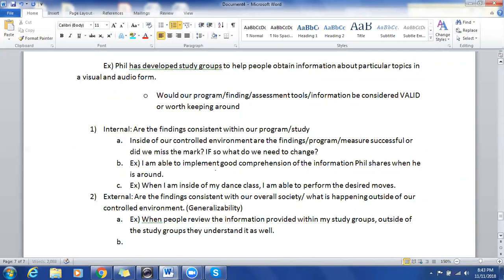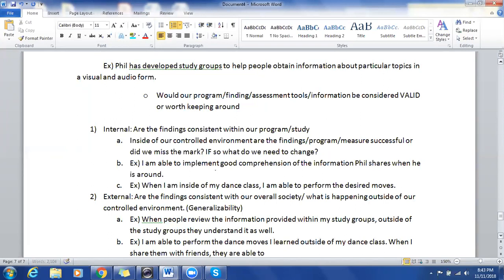And then another example, I am able to perform the dance moves I learned outside of my dance class when I share them with friends.